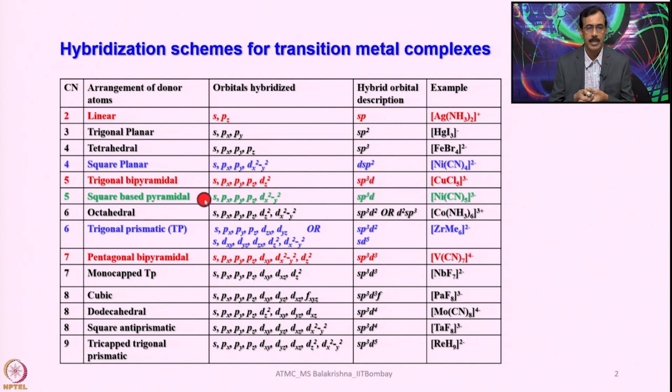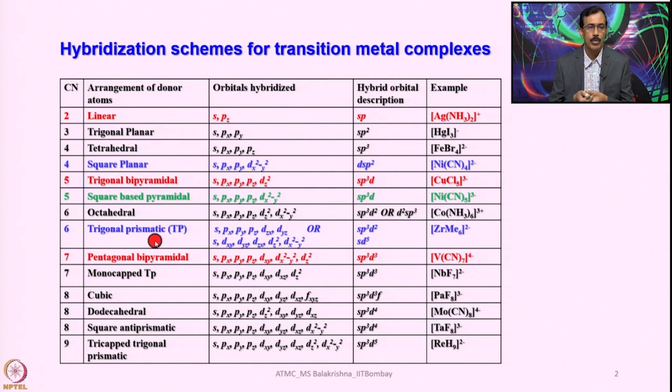And of course, in case of octahedral we are using sp3d2 for outer orbital complexes or d2sp3 for inner orbital complexes. I have given one example, hexaammine cobalt. We have numerous examples for both cases, inner orbital as well as outer orbital complexes.